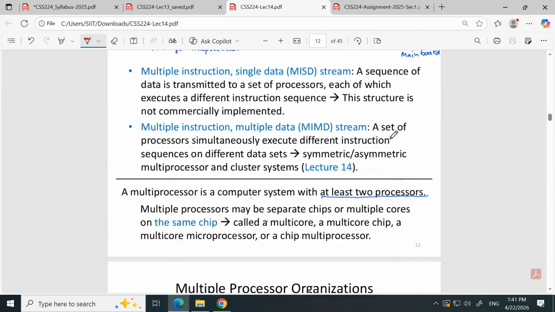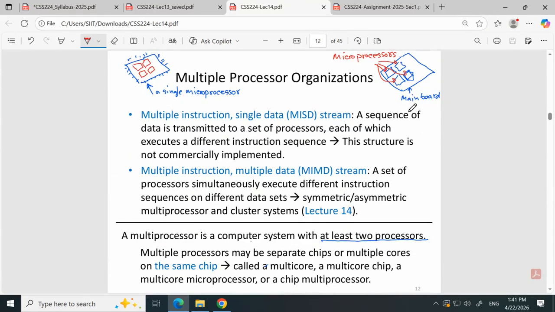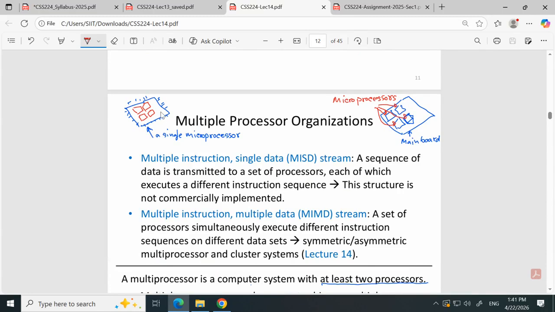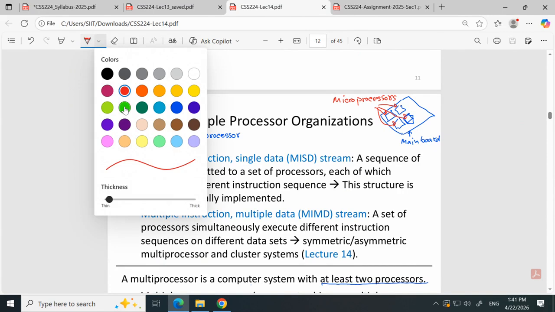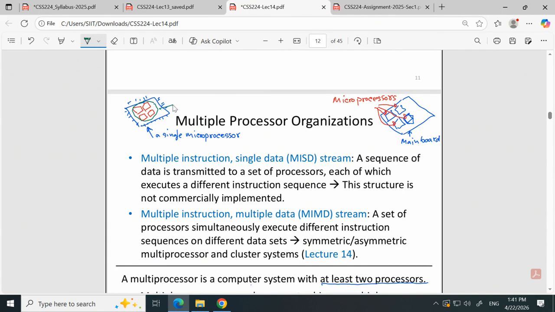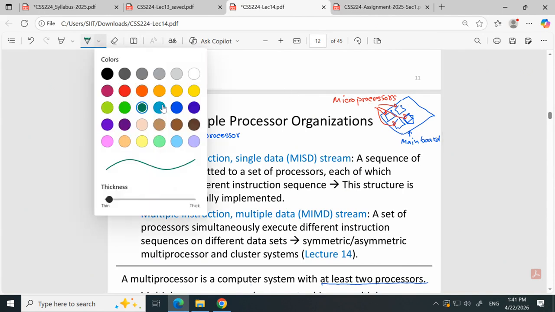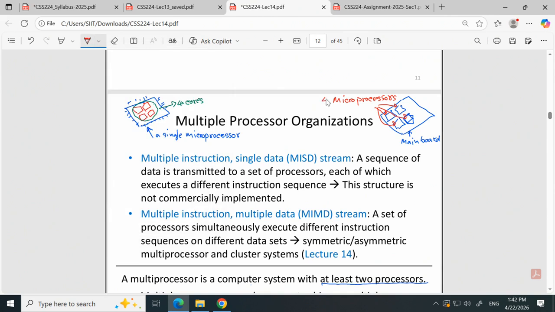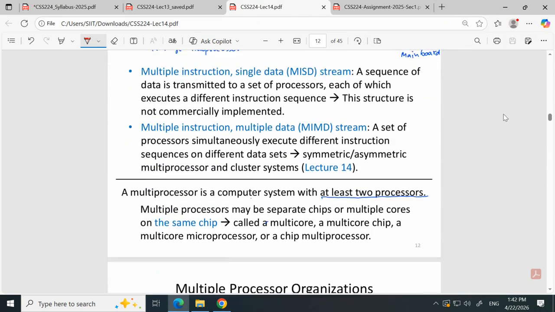Okay, hopefully you understand this. Four cores. Four microprocessors.